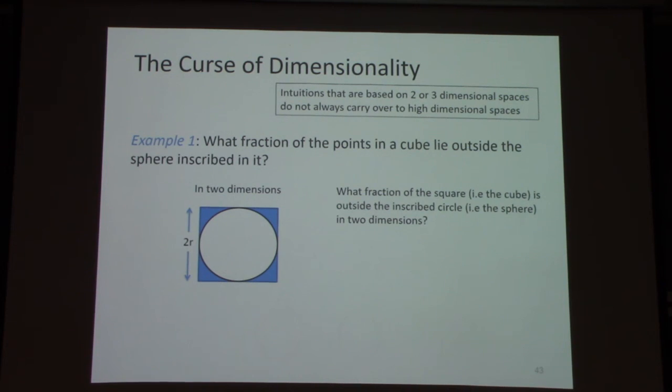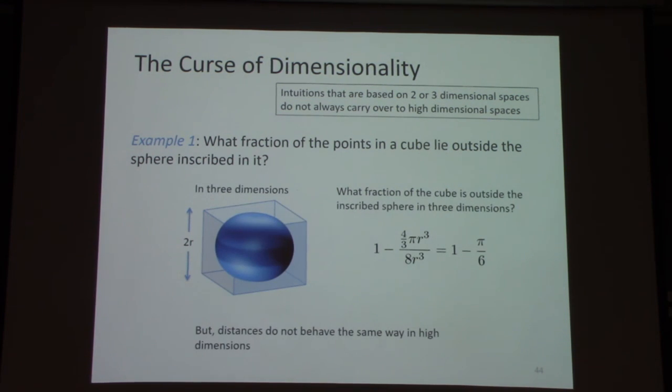In 2 dimensions, a cube is just a square and a sphere is just a circle, and this is an easy answer. The area of the circle divided by the area of the square gives you the fraction of points inside the circle. And 1 minus that gives you the fraction of points outside, and that's 1 minus pi by 4. Should not be rocket science.